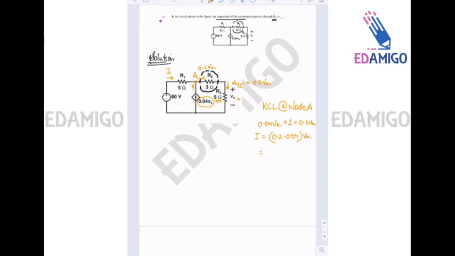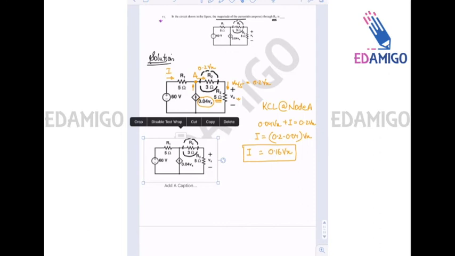That is equal to, so you can easily subtract it to get the result, 0.16 Vx.